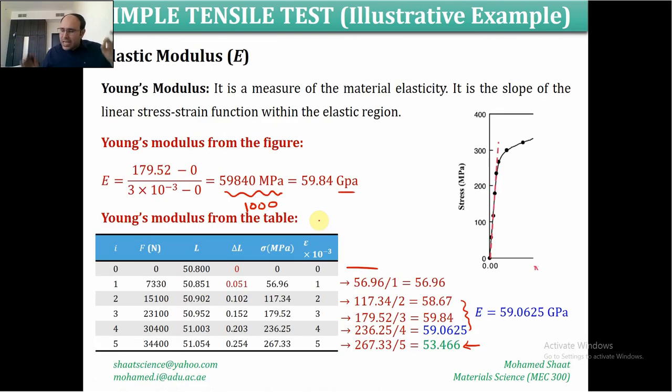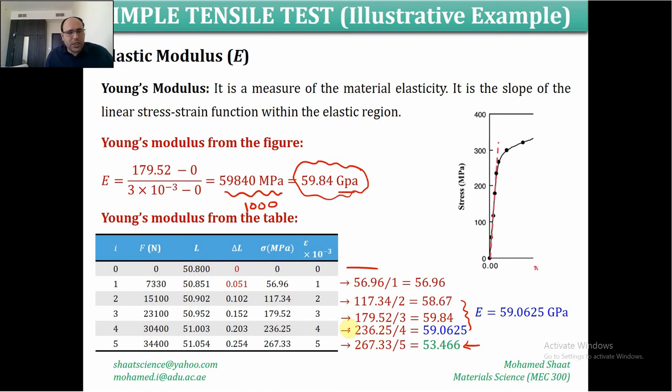And in that case, we can assume that the elastic modulus is going to be one of these three values. It's fine if you choose any one of these three values to represent the elastic modulus of the material. It's going to be very close to the value that we already detected based on the graphical method, or from the stress-strain curve.